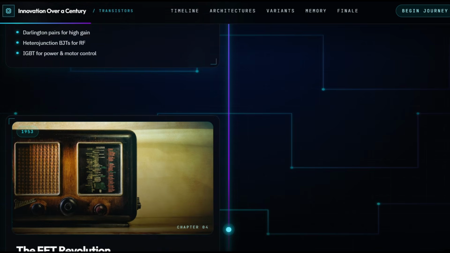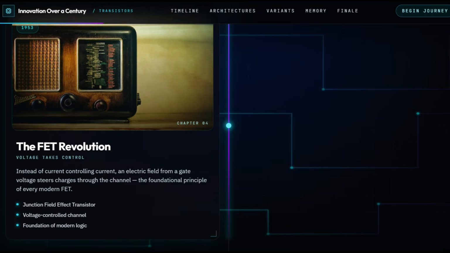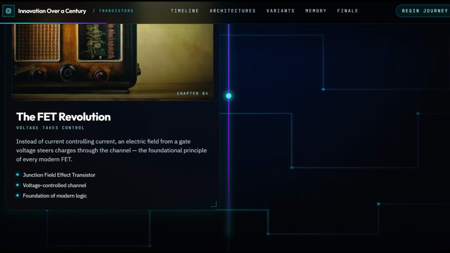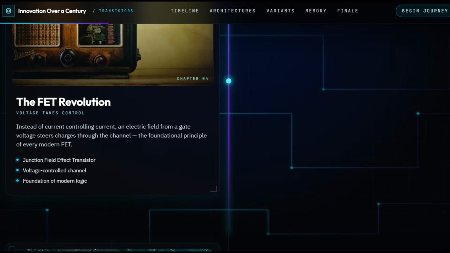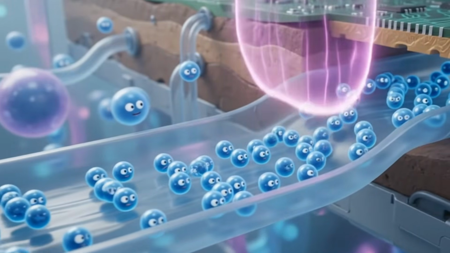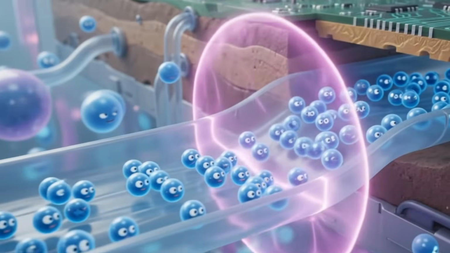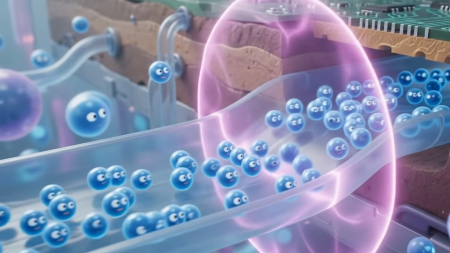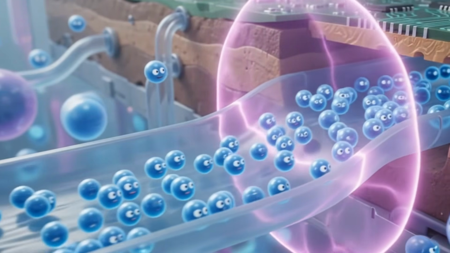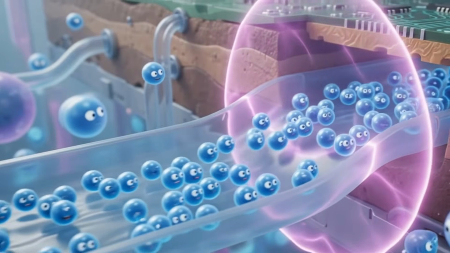But even while all of this was happening, another fascinating idea was also being explored: field control devices, where instead of using current to control current, an electric field created by an applied voltage controls how charges move through the semiconductor.